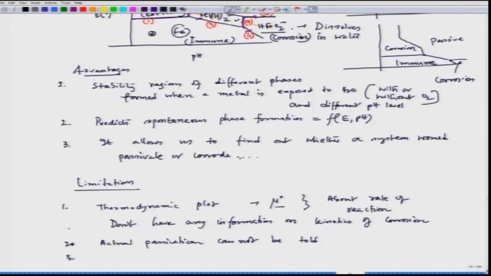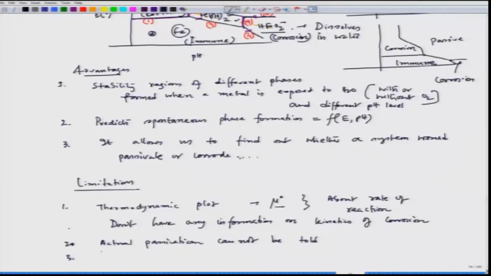Third, for example, this is only for pure metal systems. We are not looking at alloy systems. In case of alloy systems, predicting the phases and predicting what sort of regions we will choose would be difficult. So, this is not applicable to alloy systems.